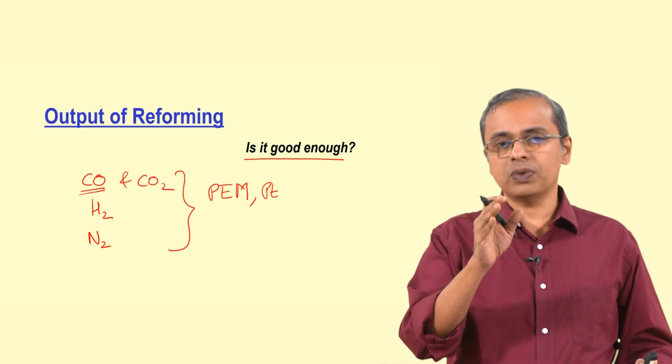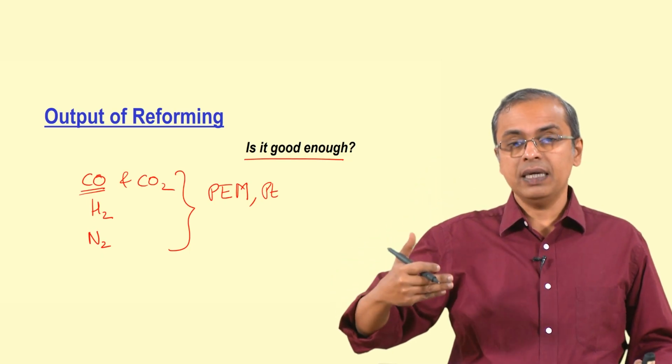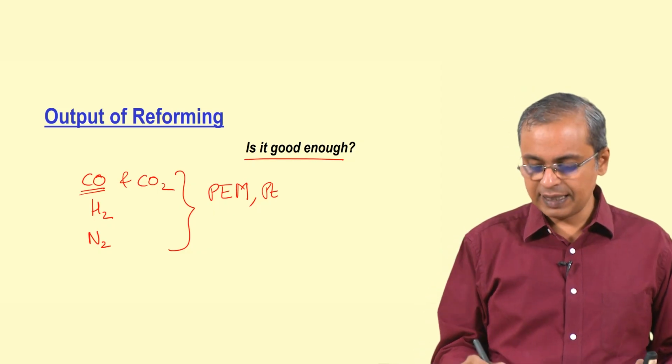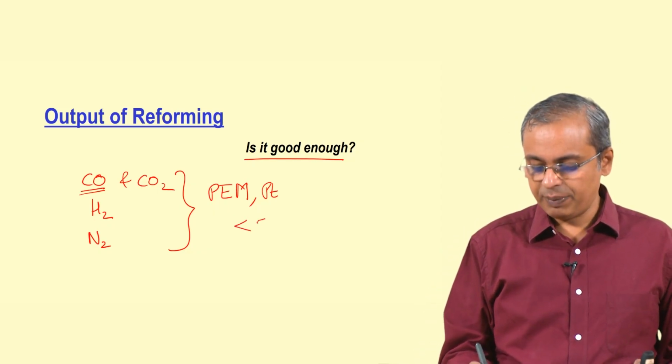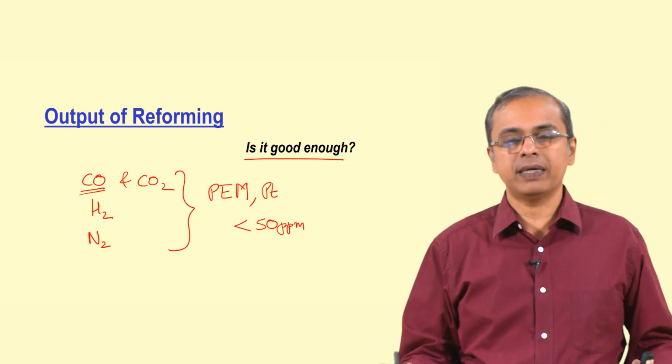As opposed to something like a percent or so that will come out on the exit side of the reformer, the fuel cell itself can tolerate only ppm, let us say less than say 50 ppm, ppm being parts per million.